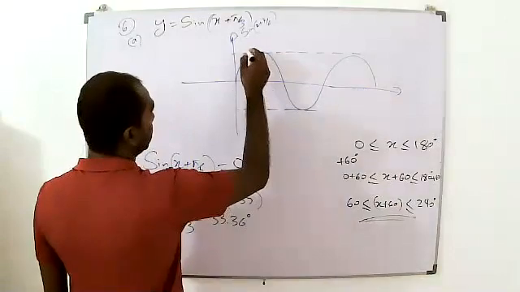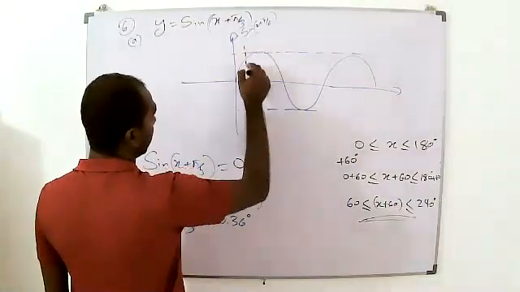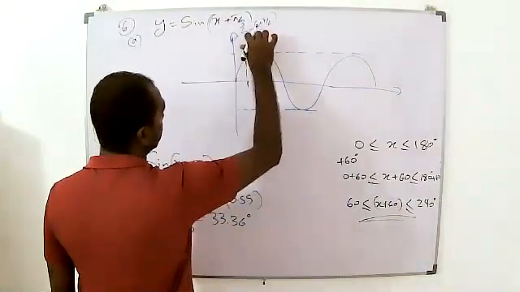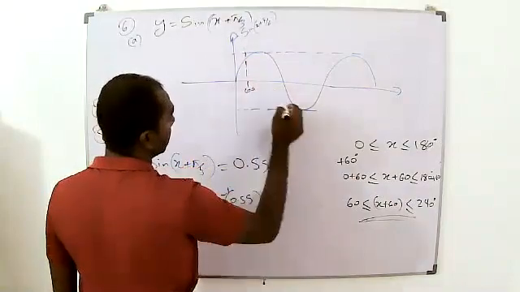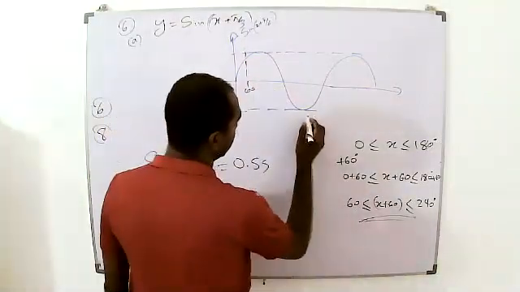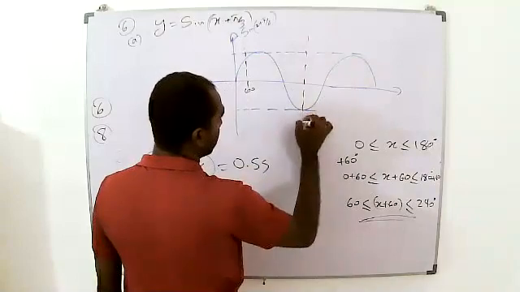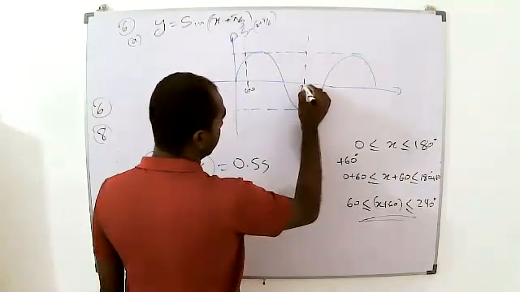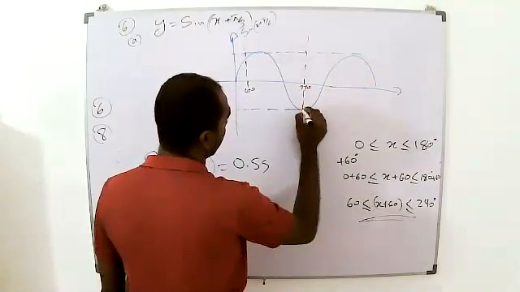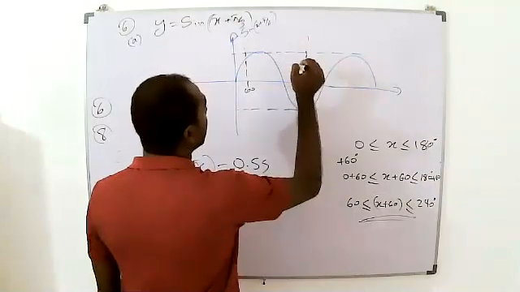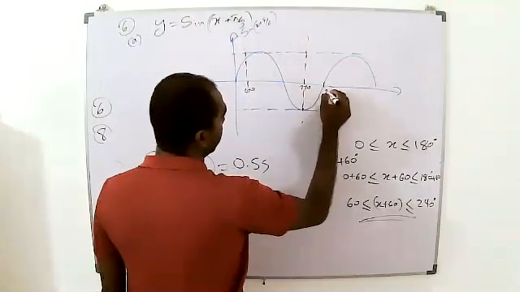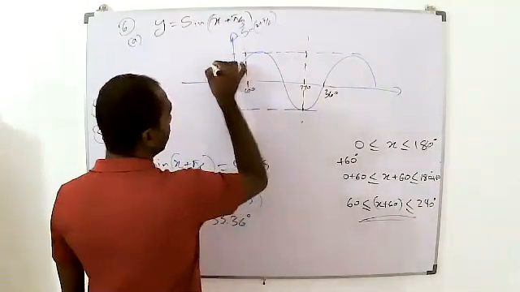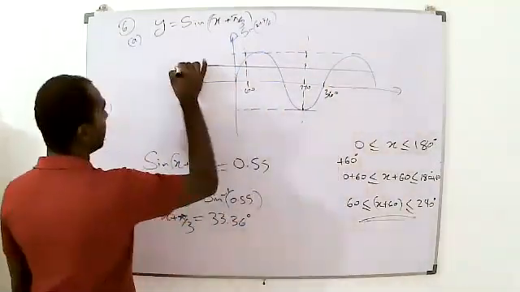So 60 degrees will be somewhere here, and 240. This sine curve has 270 degrees here, and 360. So now we just draw a line at 0.55.